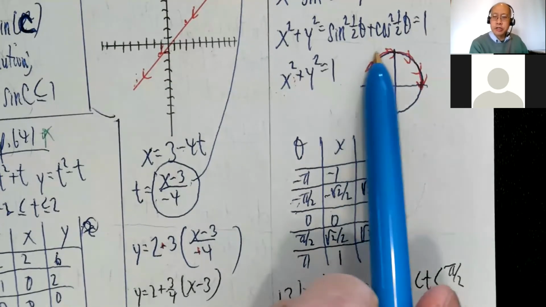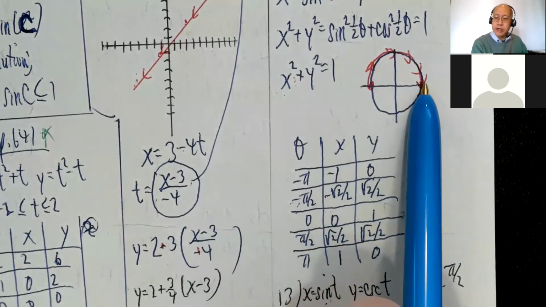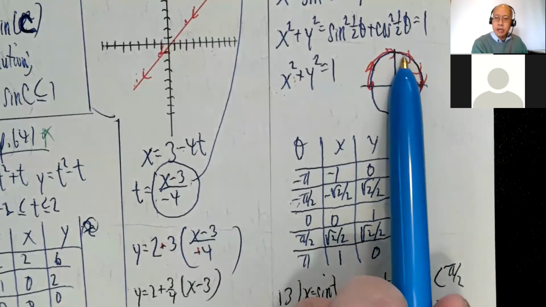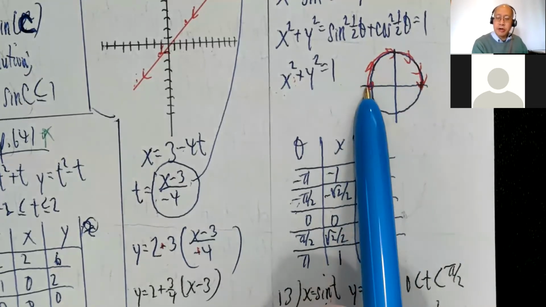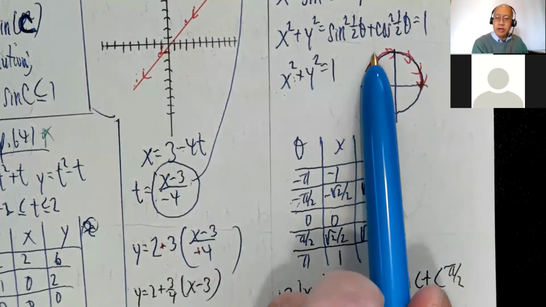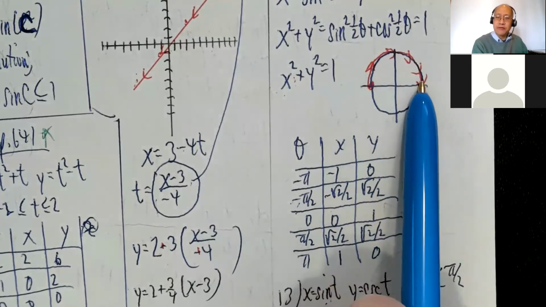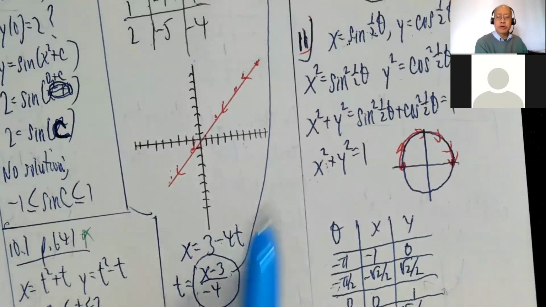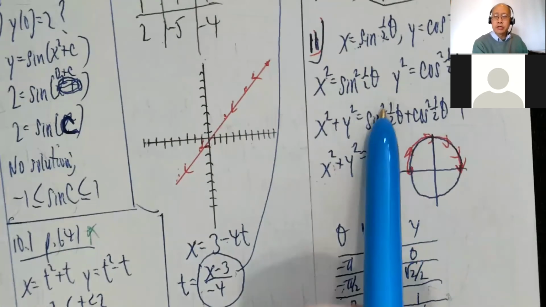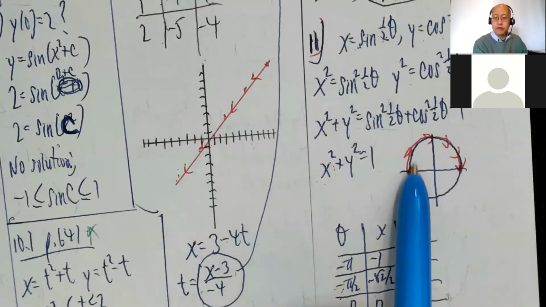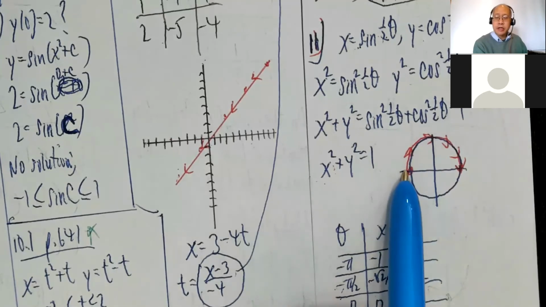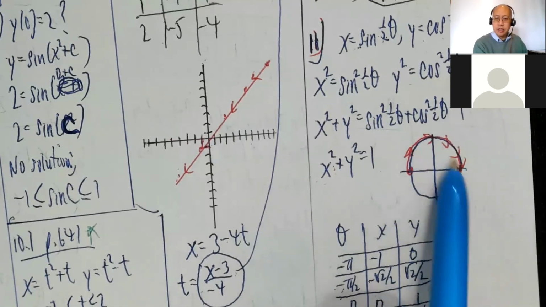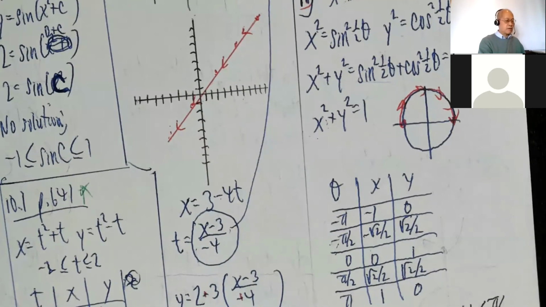So I'm not going the traditional route where we start at 0 degrees or 0 radians and go counterclockwise. Looks like we're starting at negative 1, 0, and we go clockwise half a circle. So even though we're on a unit circle, we're going differently than normal. This tells you how we're traversing our path. I'm starting here, I'm ending here, and I'm going in a clockwise direction in this particular case.